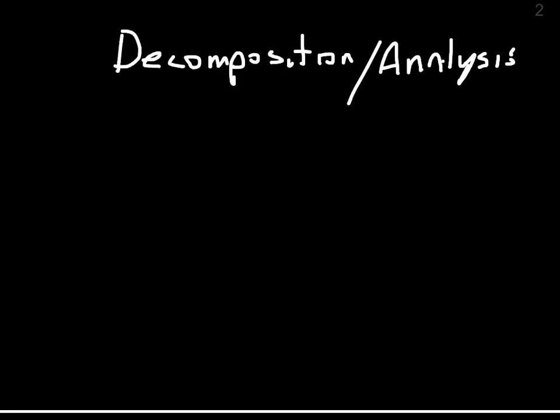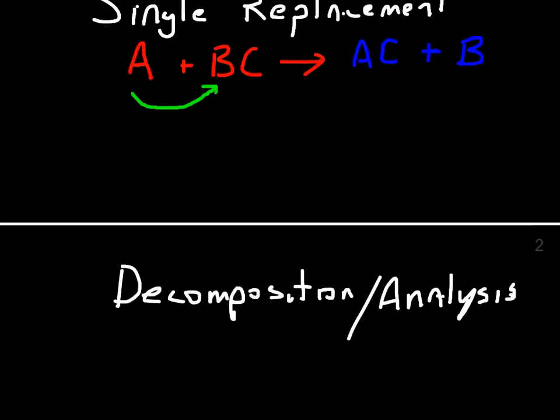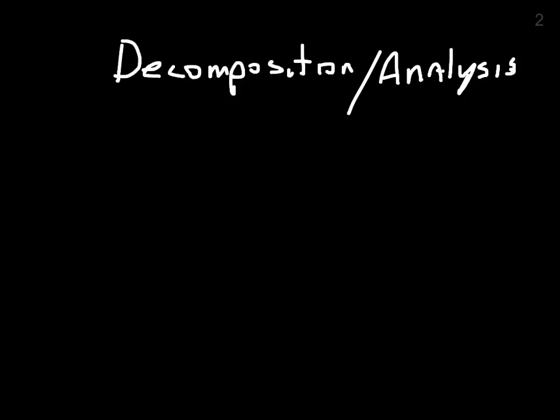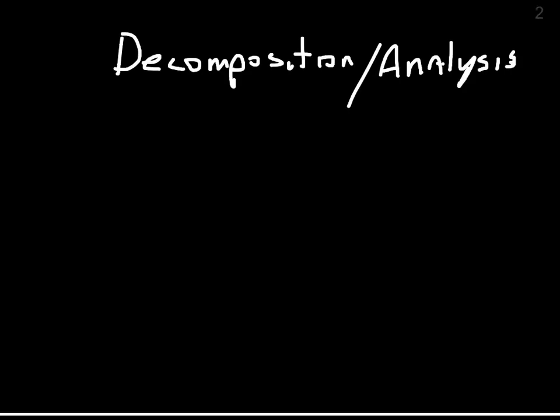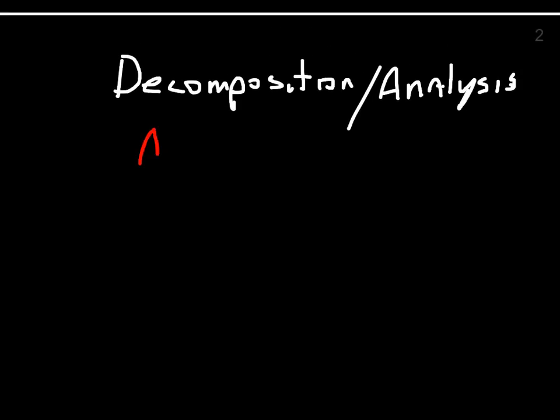Okay, so analysis. And the form it's going to take is you're going to have this compound, AB, and it's a decomposition, so it's one thing. What's going to happen is it's just going to break apart into A plus B.